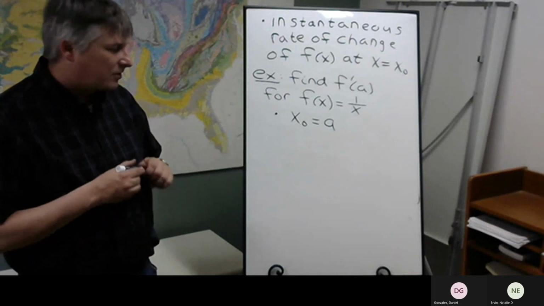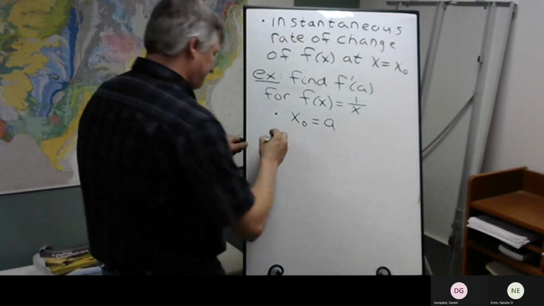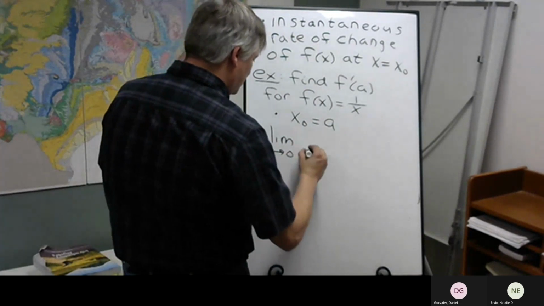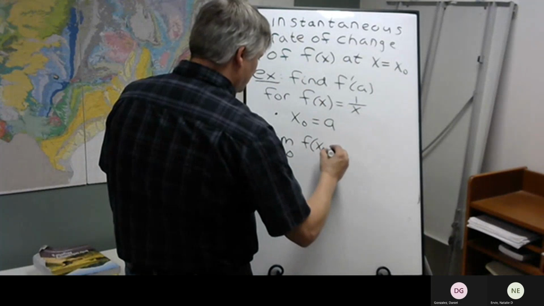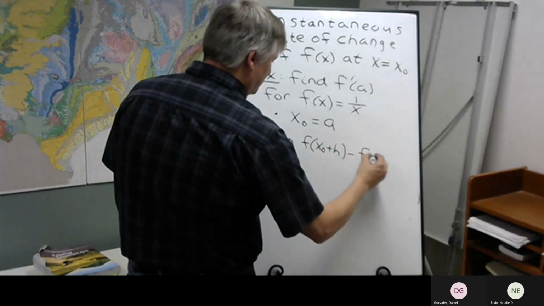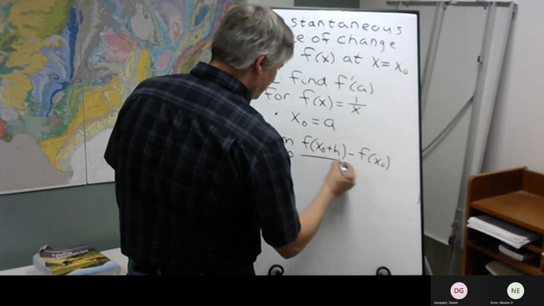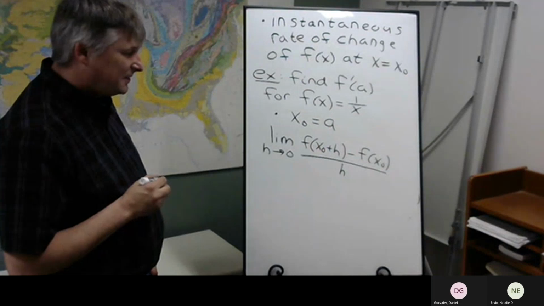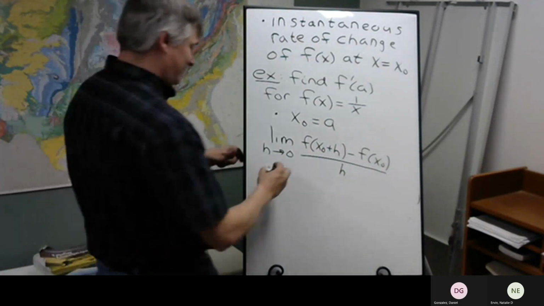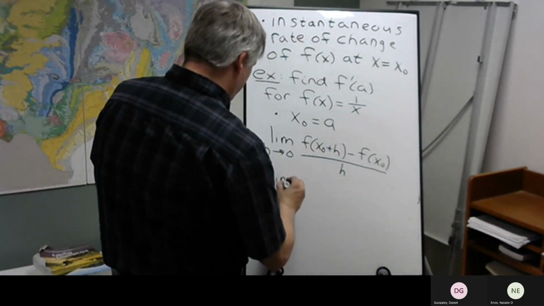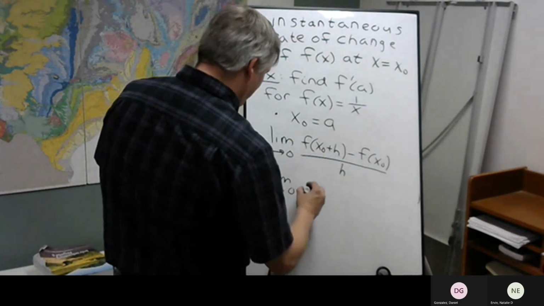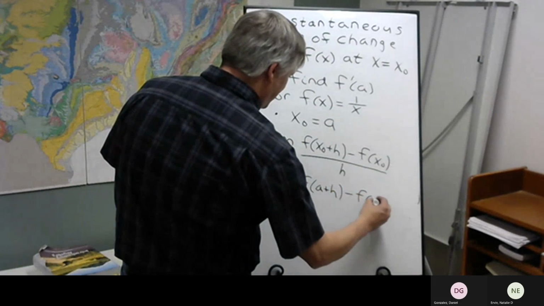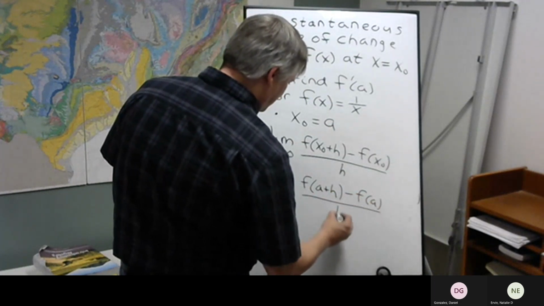So what we're going to do, we're going to take a look at our difference quotient. So the limit as h goes to 0 of f of x0 plus h minus f of x0 over h. So in this case, x0 is equal to a. So you have the limit as h goes to 0 of f of a plus h minus f of a over h.